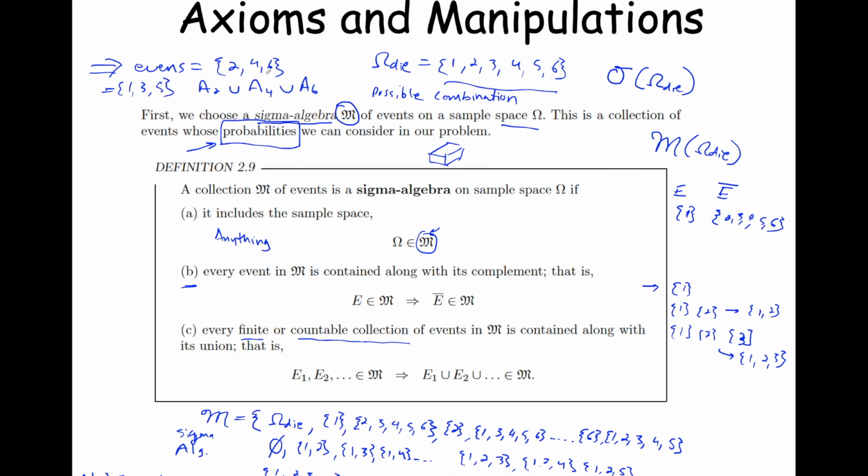The evens is nothing more than one of the three-way events. And so this machinery in definition 2.9, and it's in the book, gives us all of the properties we need in order to construct all of the possibilities we can have for any type of observation related to the roll of a die.